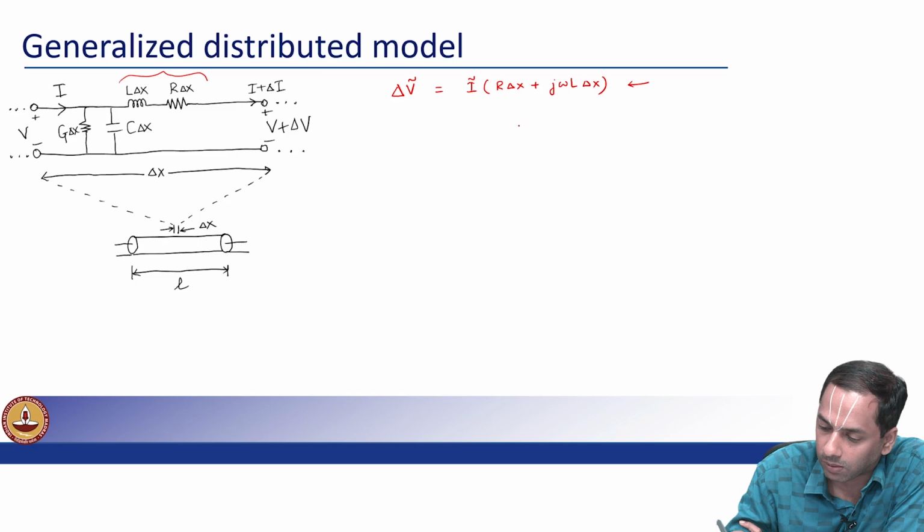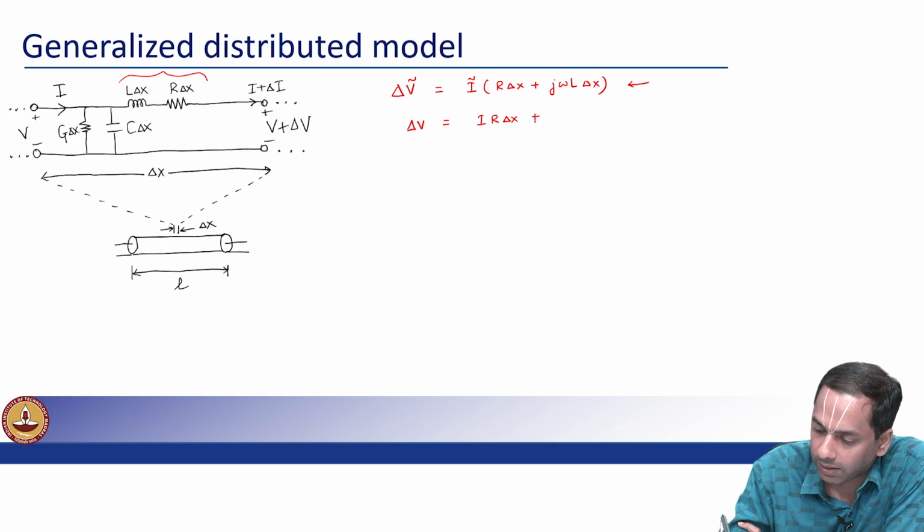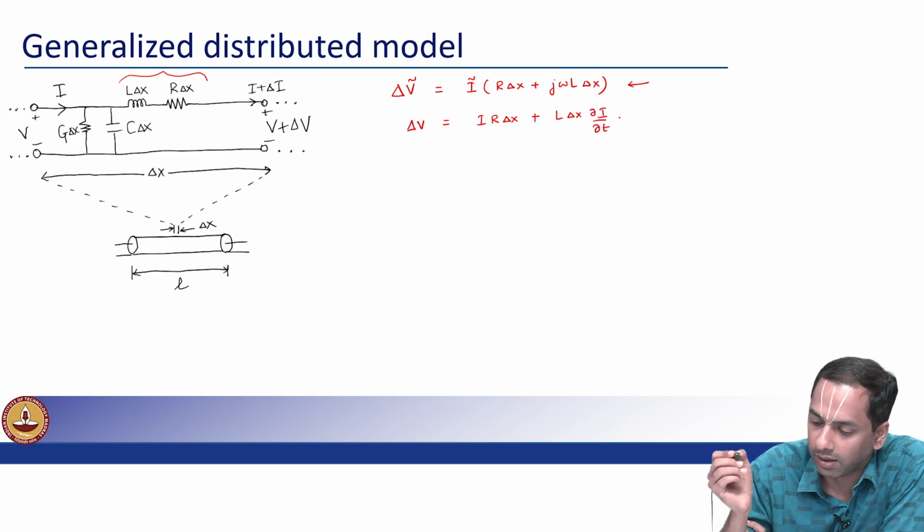If we wanted to get to the grassroots, we can say that delta V, which is both a function of x and time, is essentially I times r delta x plus L delta x times dou I by dou t, right.